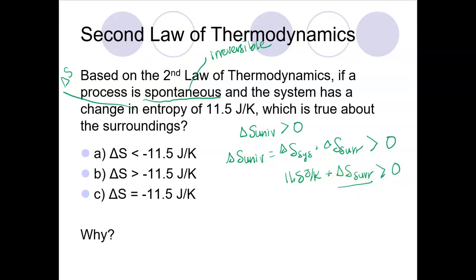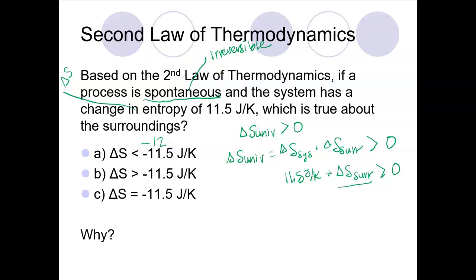So I'm going to be super lazy about this, and I'm just going to go one by one and see what happens. The first one says delta S is less than negative 11.5. That's abstract. I need to have something in my brain, so I'm going to say, well, what's less than negative 11.5? I'm going to call it negative 12.